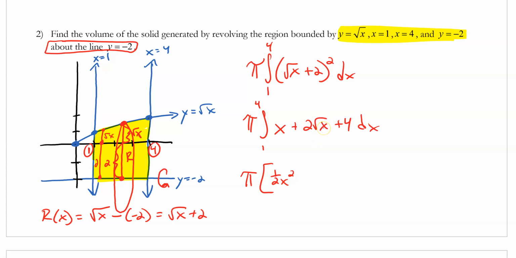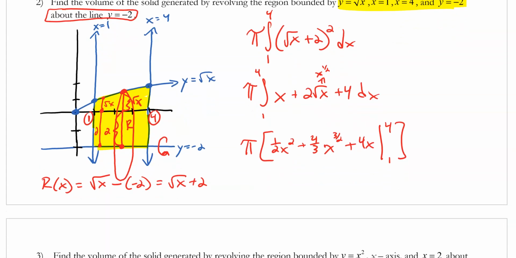This is going to be a 3/2 power times a 2/3. So it's going to be 4/3 x to the 3/2. Remember, this is really x to the 1/2. So you'd add 1, multiply by the reciprocal, plus 4x, and we still have to apply the FTC, which, again, I will just leave at that point because that's just a bunch of number crunching.